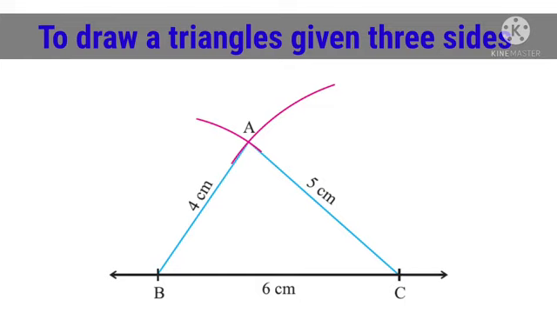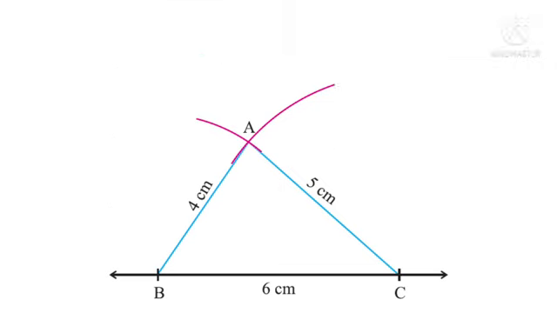With the help of a compass, you take an arc from point B of 4 cm and then draw segment AC of 5 cm. With the help of a compass, you draw an arc from point C which intersects the first arc. These two arcs meet at point A. So we get the triangle ABC.